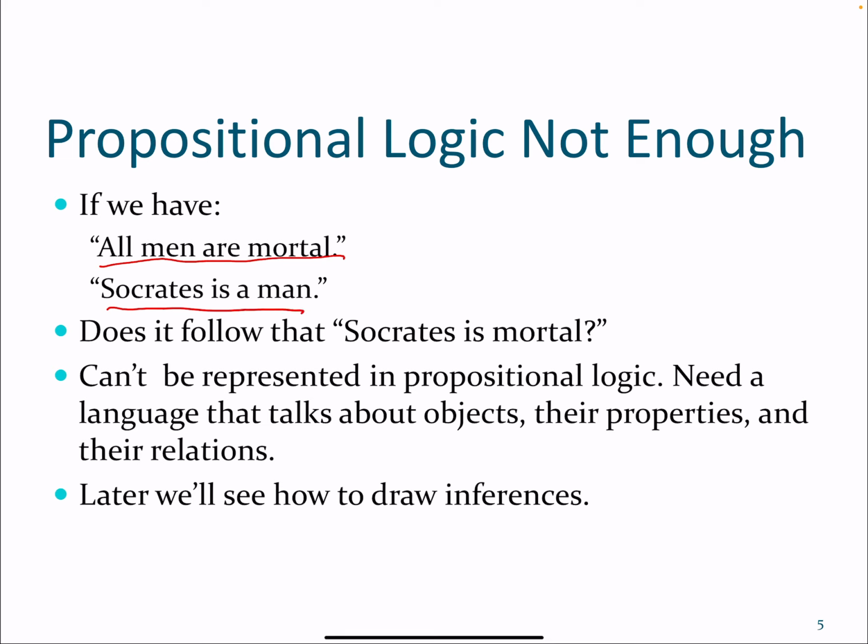Does it follow that Socrates is mortal? How can we prove this? How can we represent this in propositional logic? Here we need a new language that talks about objects and their properties and their relations.